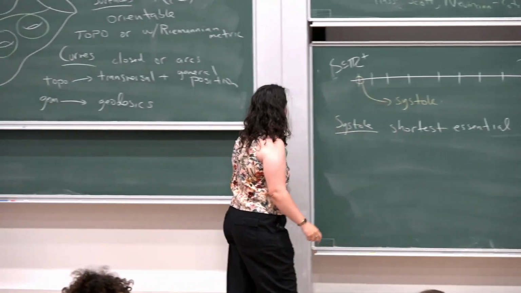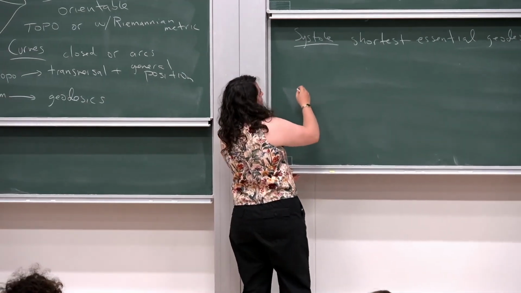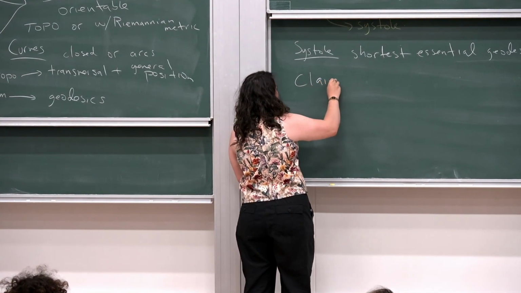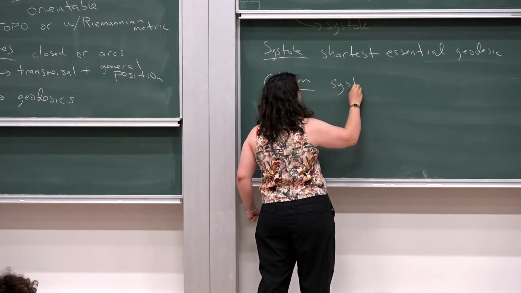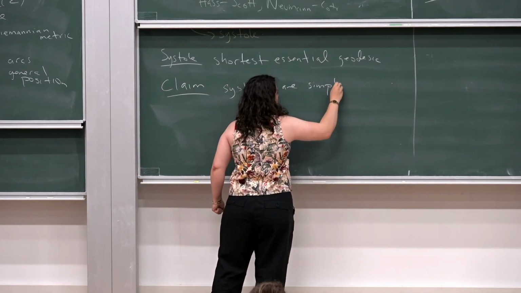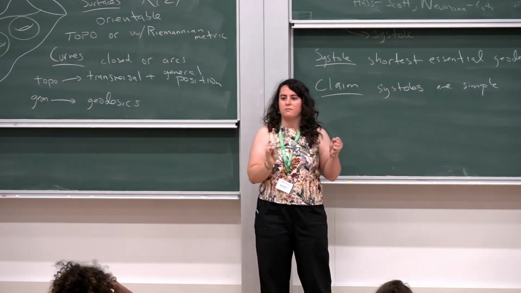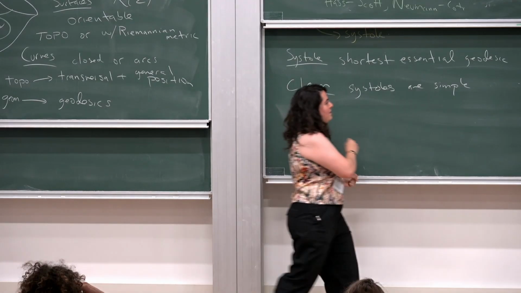Okay, and here's a fact about systoles. They are simple. Simple means that they have no self-intersections. Okay? And this is true almost always.